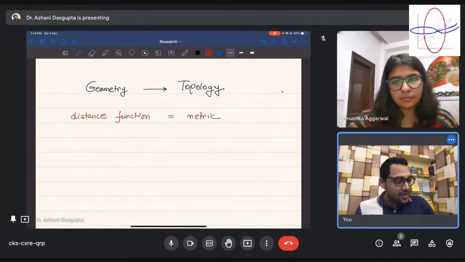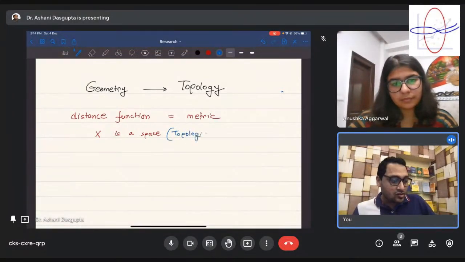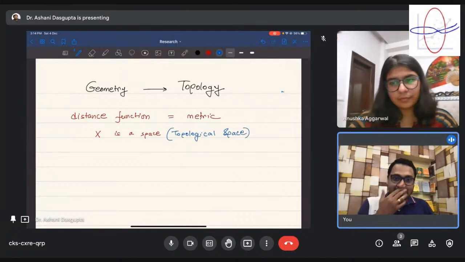So if X is a space, which in this case, what I have in mind is a topological space, I'll explain what that is.